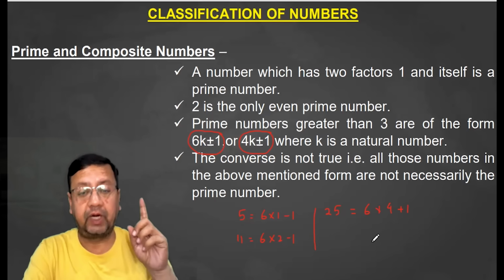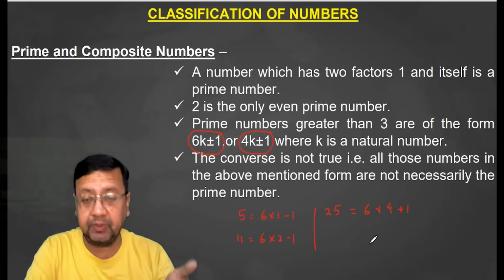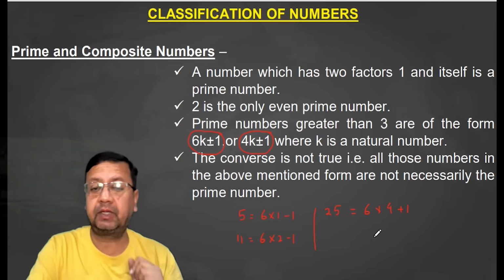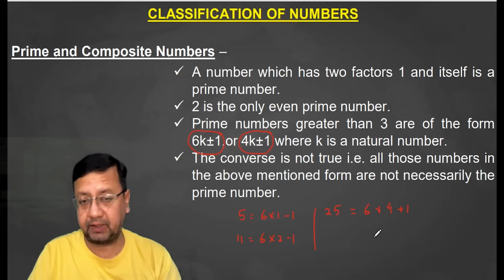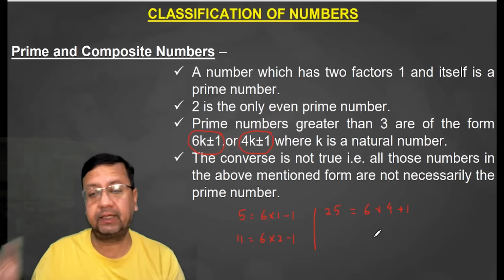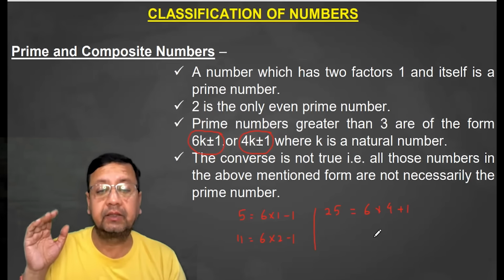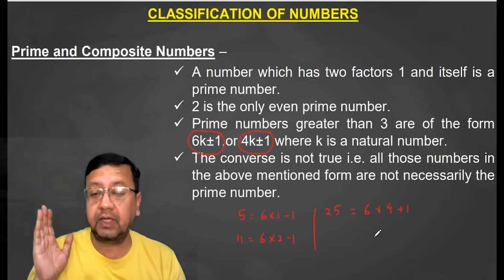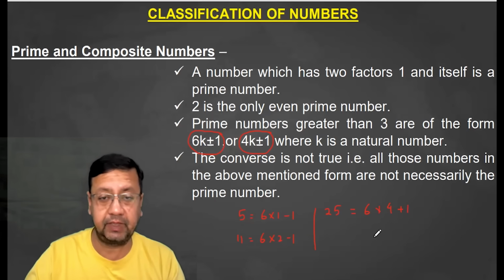So the one-directional statement is correct: if there is a prime number greater than 3, then it can be written in the form of 6k plus minus 1 or 4k plus minus 1. But if some number can be written in the form of 6k plus minus 1 or 4k plus minus 1, it is not compulsory that it is prime. It may or may not be a prime number.